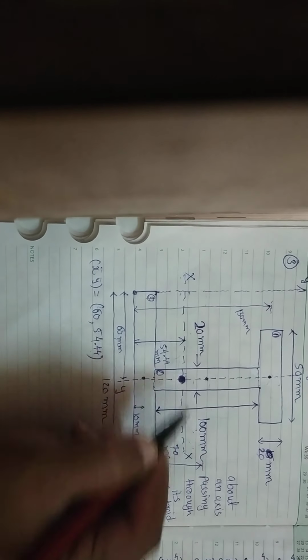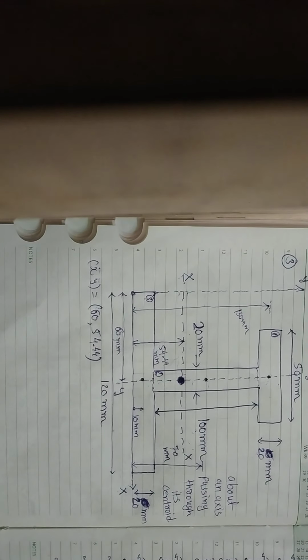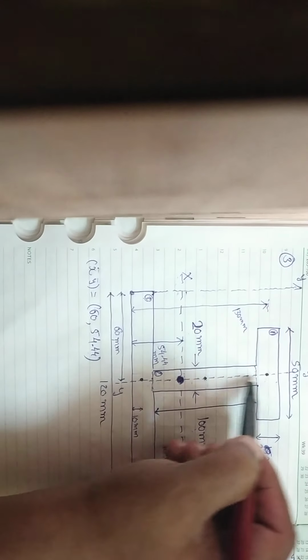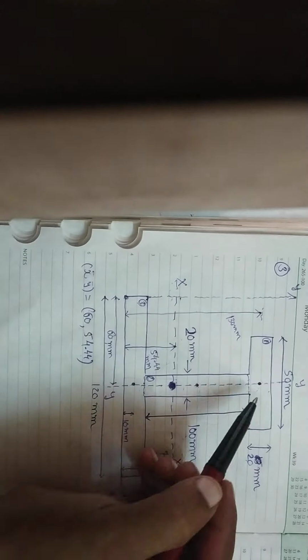Alright, so you can focus on it here. This dark round dot is the centroid of this entire I section that we located after the calculation of the centroid of the entire section. The axis passing through the centroid is XX, and the vertical axis passing through the centroid is YY.